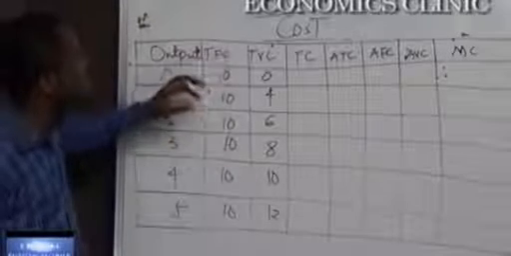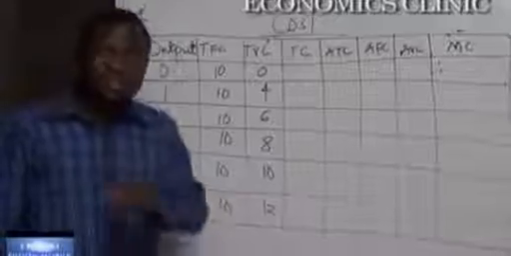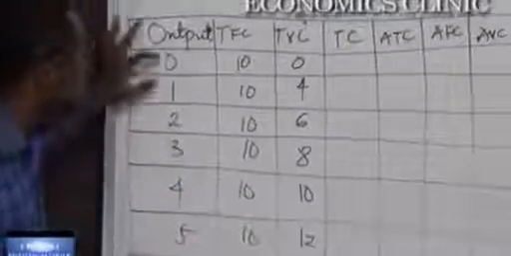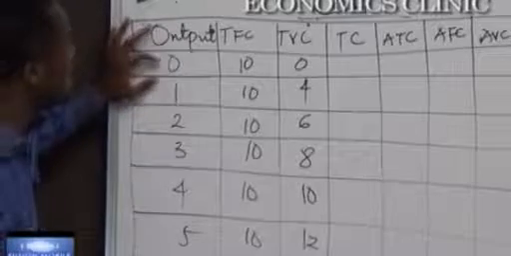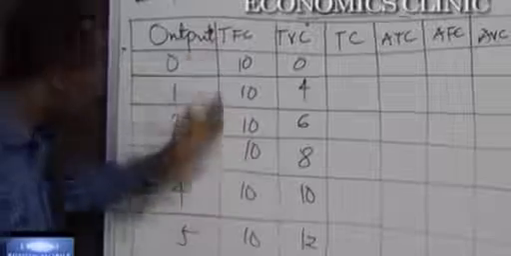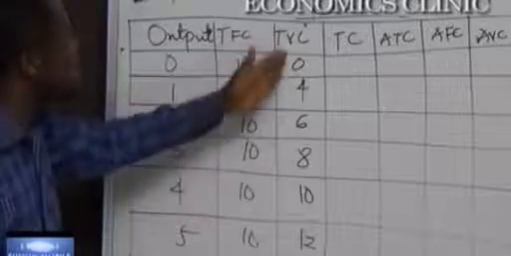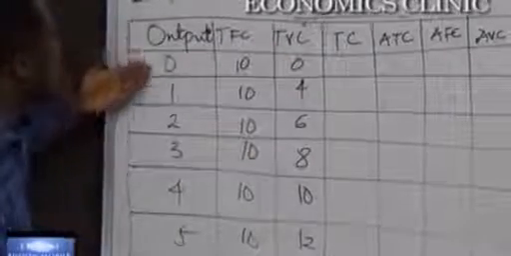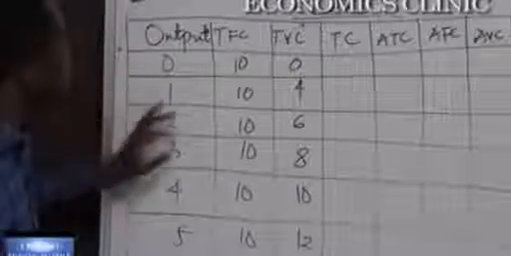As a result of the fact that it's a fixed cost, it does not vary with the level of output. Even though the output varies, the amount of output does not determine the total fixed cost. It still remains fixed, unlike the variable cost that changes. You can see here that as the output increases, the variable cost also increases.